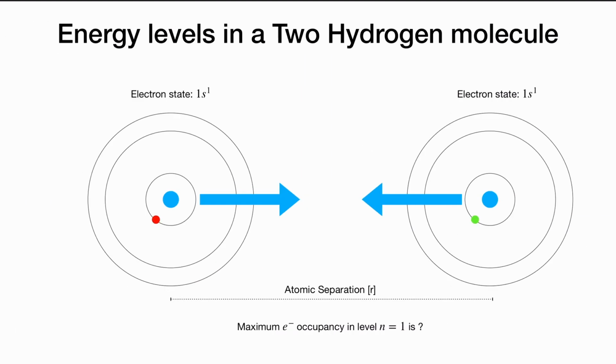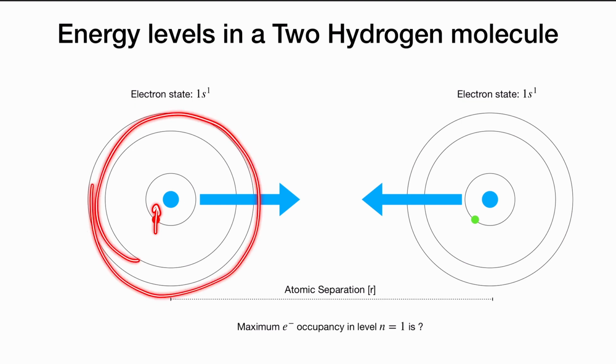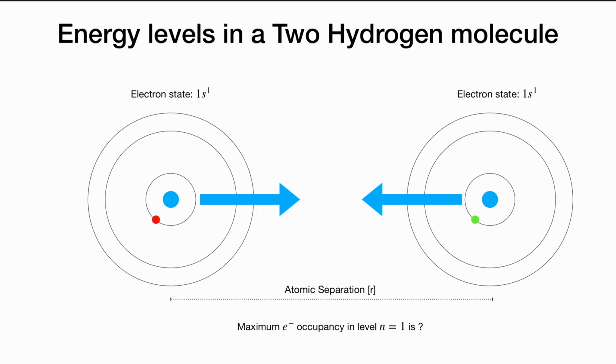Well, what happens is, as you bring these two hydrogen atoms together, notice if this electron was in the spin up state when this hydrogen atom was alone, and this one was also in the spin up state when this hydrogen atom was alone, as you bring them together, what's going to happen?